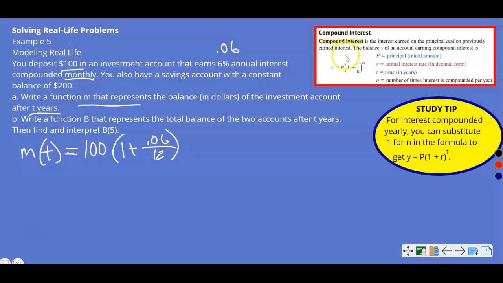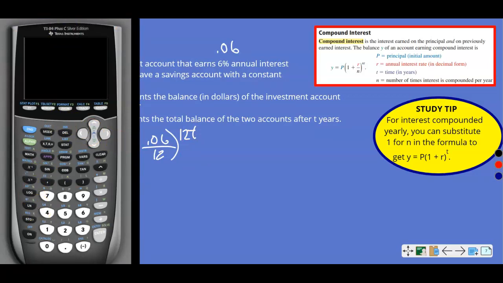And then it's raised to the n times t. n is 12, so it stays 12. And then t is the number of years. So right now, just leave this as t, because we're just trying to write an equation here. All right, then we can simplify this down a little bit.